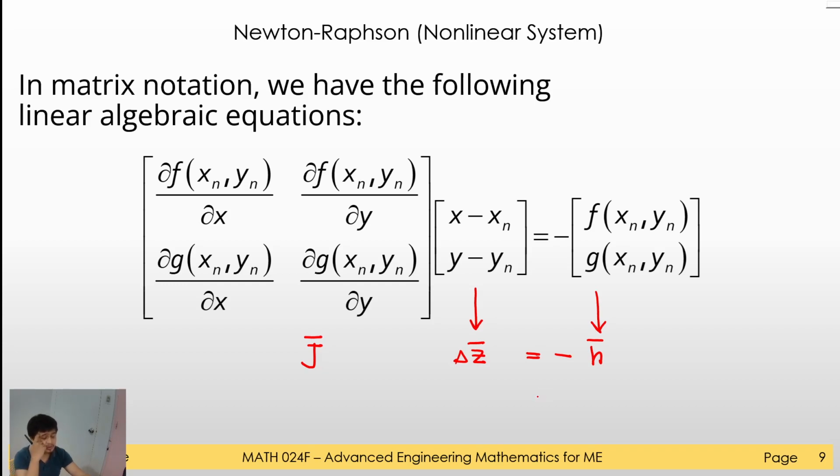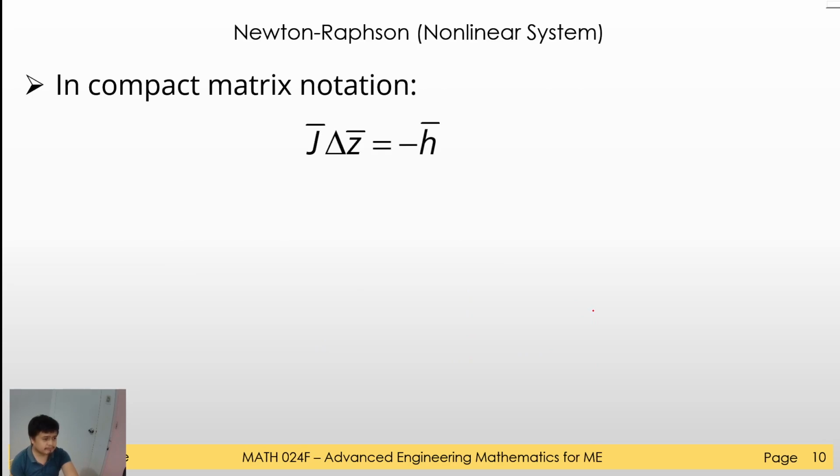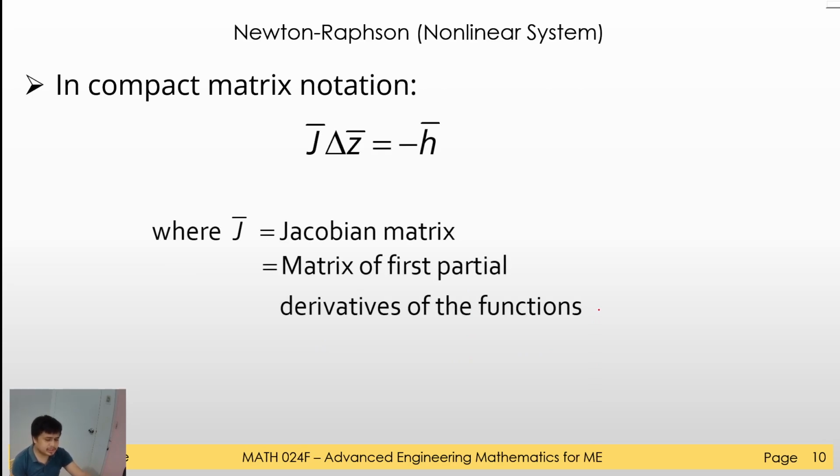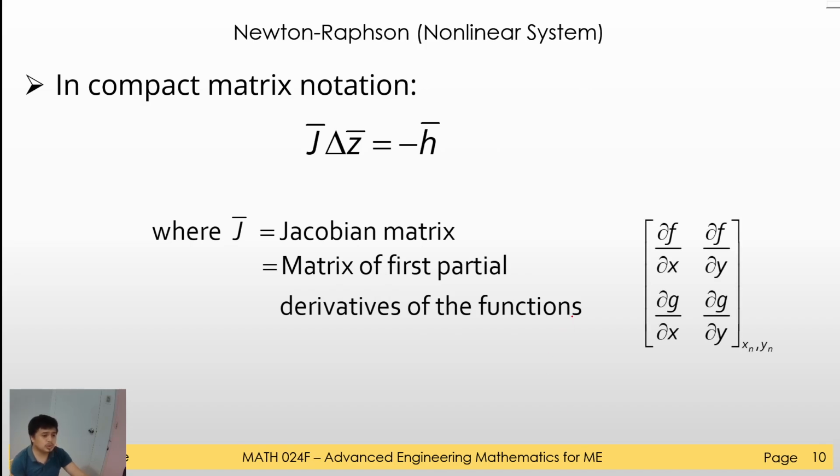Let's describe the following matrices. The first matrix is the Jacobian. The Jacobian matrix is just a collection of the partial derivatives of the function, depending on which unknown we are talking about. Let's say we have a 2 by 2 nonlinear system. For the first row, we find the partial derivative of the function f with respect to x and with respect to y.